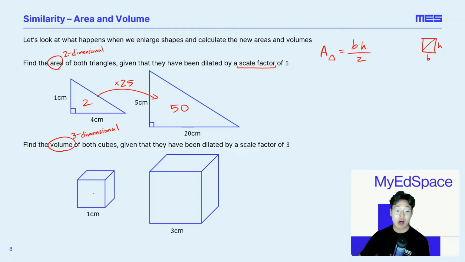So let's solve for the volume of this first. So that's 1 cubed. But now for dilating by a scale factor of 3, and we know we're going in 3 dimensions here with volume, I can multiply by 3 cubed, and that'll give us 27. And don't forget, centimeters cubed.